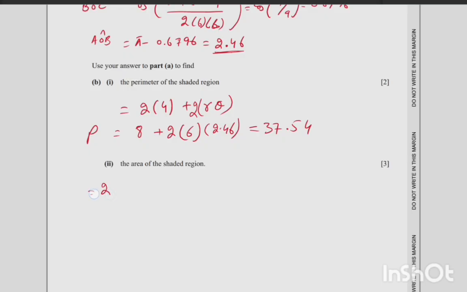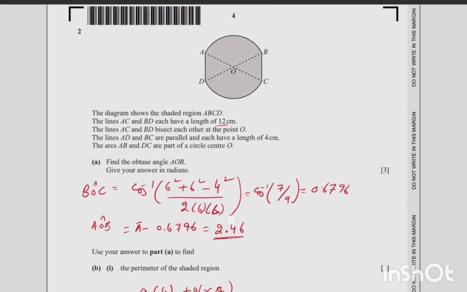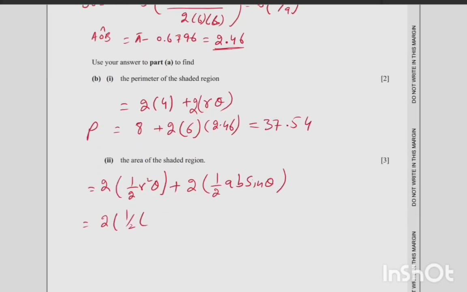So first of all, we have to find the sector formula. The sector formula is 1 by 2 r square theta, plus two triangles, 1 by 2 ab sine theta. Okay, 2 into 1 by 2. What's the value of r? The r value is 6, so r square is 6 square and theta is 2.46.